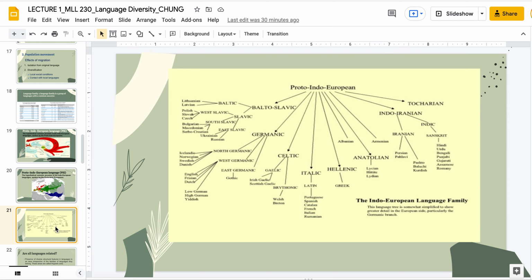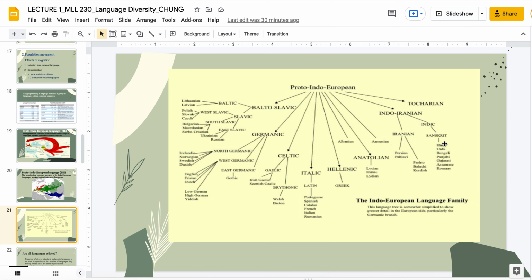The Proto-Indo-European language is split up into different branches, just like you have a different family tree, right? So we have some Germanic roots, some Celtic roots, some Italic, some Hellenic, even Sanskrit.